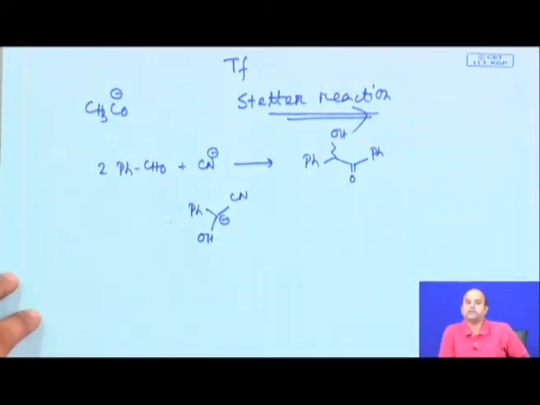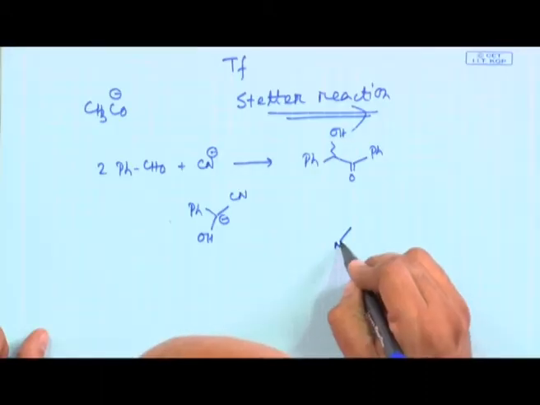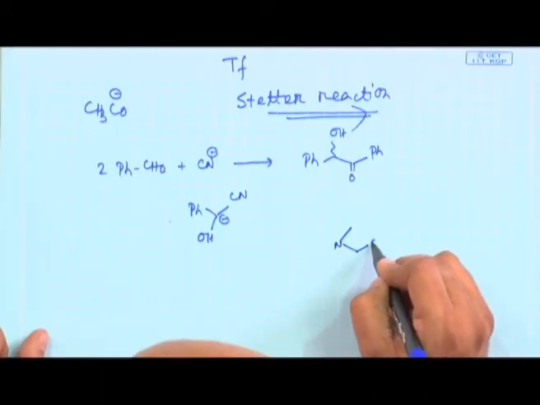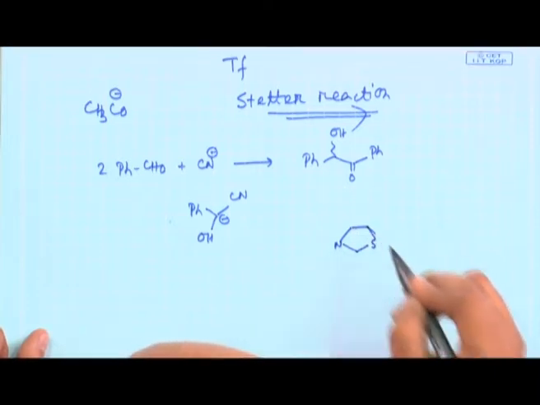Stetter reaction is basically a biochemical version of the benzoin reaction, as was proposed, and this kind of transformation is known in the living system for a long time, and particularly vitamin B1 or thiamine analogs have been known for a long time to catalyze those kind of reactions.